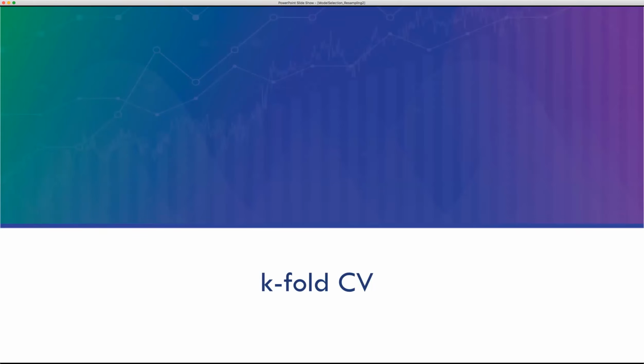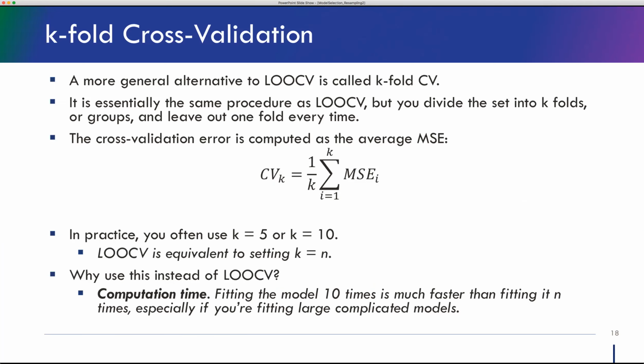Besides the leave one out cross validation, we also have k-fold cross validation, which is a more general alternative to leave one out cross validation. This is essentially the same procedure as leave one out, but you divide the set into k folds, or k groups, and leave out one fold, one group, every time.